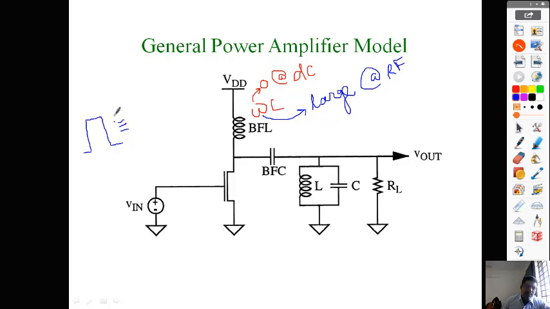When you take the Fourier transform of this pulse, which has a number of frequency components, one is the fundamental, and let the fundamental be a low frequency. So one is the fundamental sine wave, and the others are the harmonics of this sinusoidal wave.